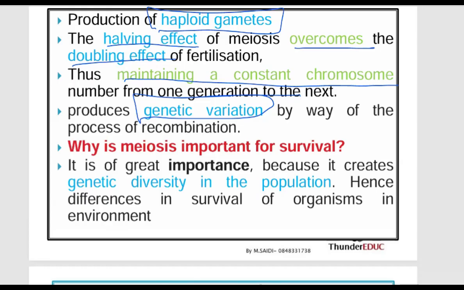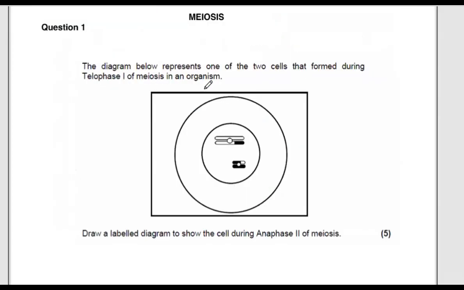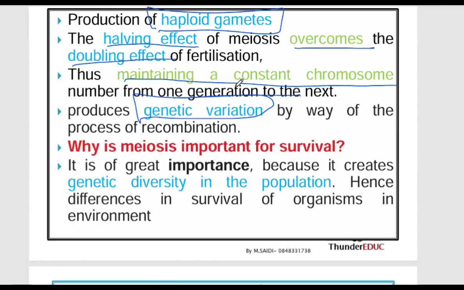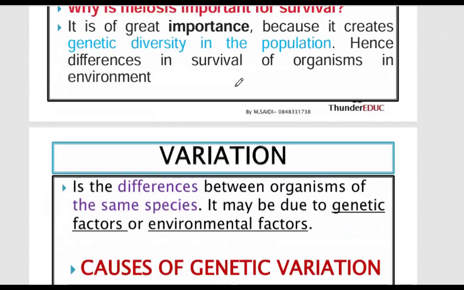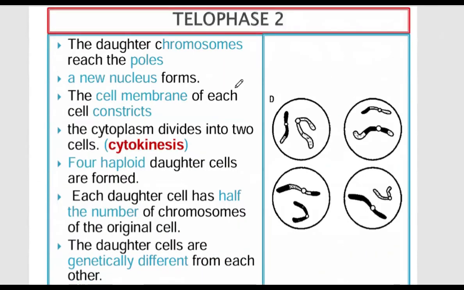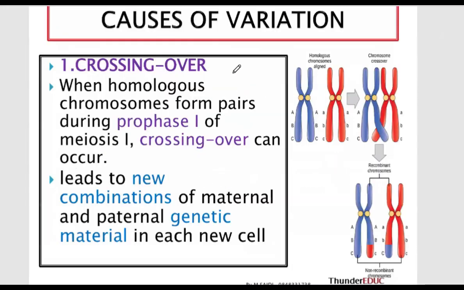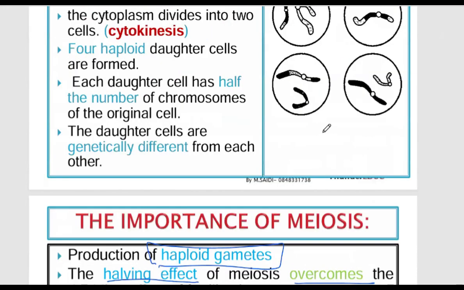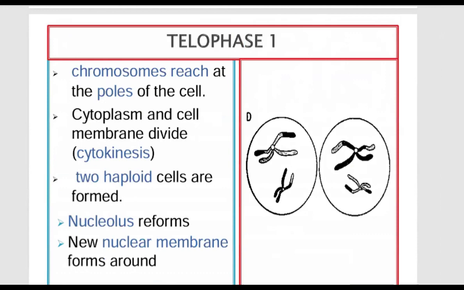So, what makes meiosis complicated? It's a simple thing. These phases are simple.